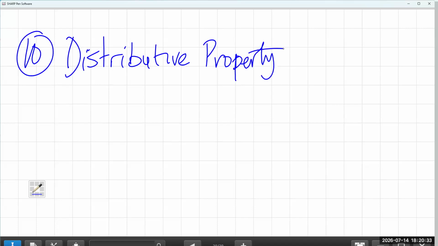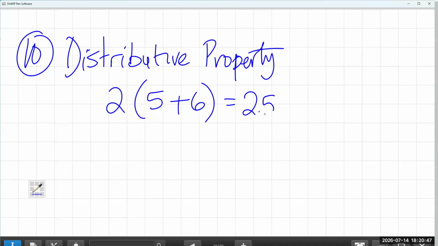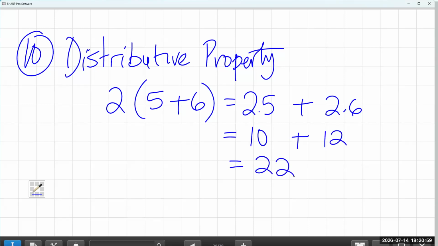So if you have a situation like 2 times 5 plus 6, and you want to use the distributive property, you say it's going to become 2 times 5 plus 2 times 6. So that's the distributive property. This becomes 10 plus 12, which is equal to 22.